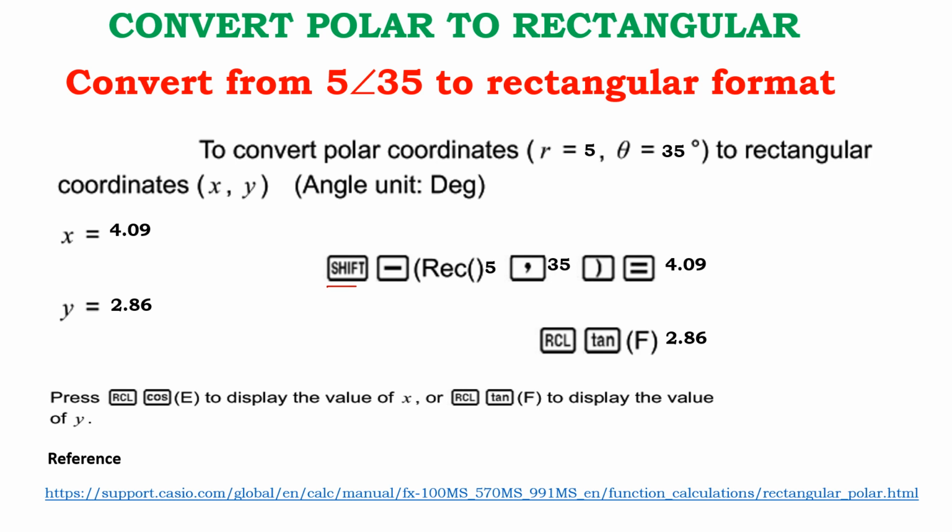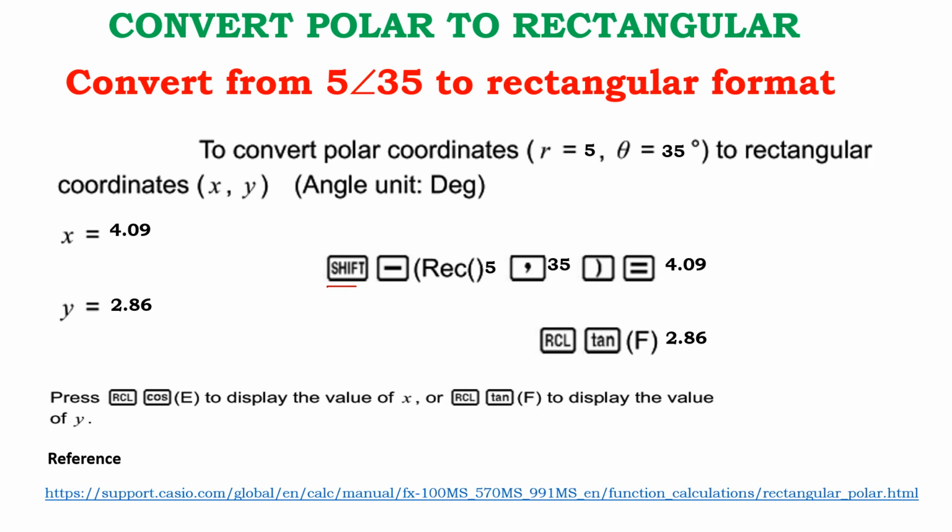There is a button called REC, just before the last row of the calculator. Press that button, and it will automatically show REC with the bracket open. Now type 5, 35, close the bracket and press equal to.